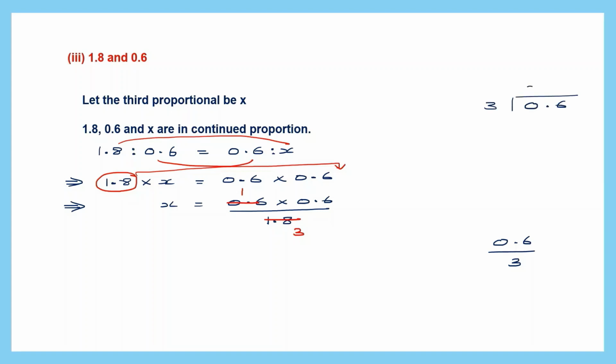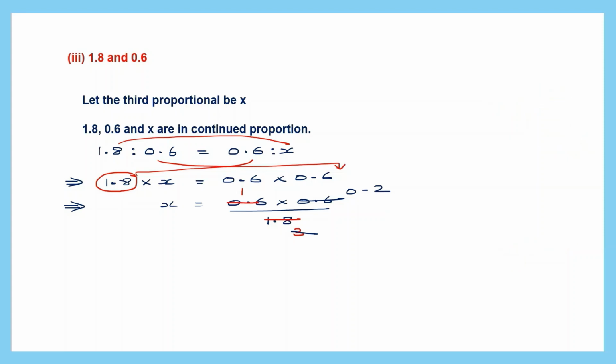So this will be 0, and then carry this point on top, and then we bring down the next number. We take the next number, that is 6. 3 2s are 6, and then 0. So now 0.2. So we have cancelled this, and we get 0.2.